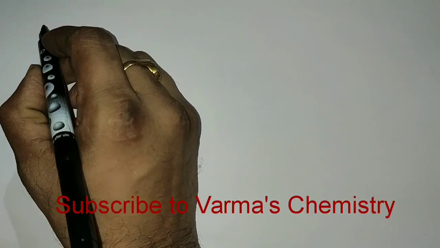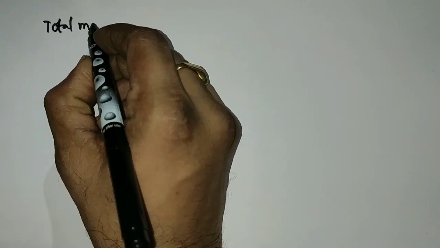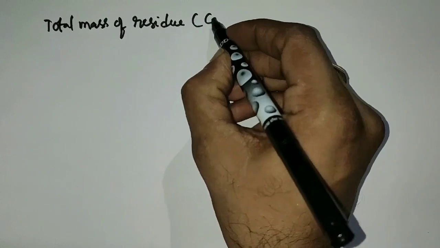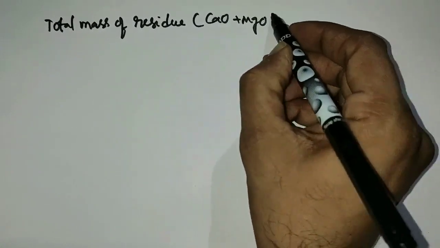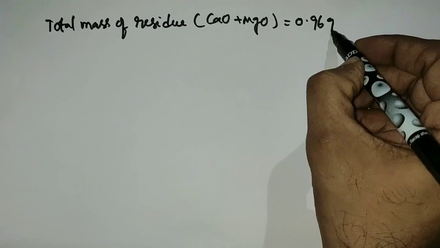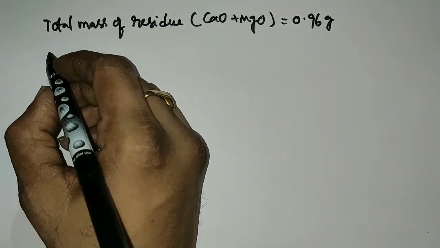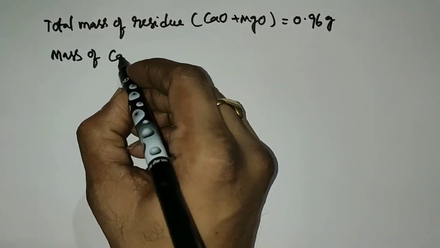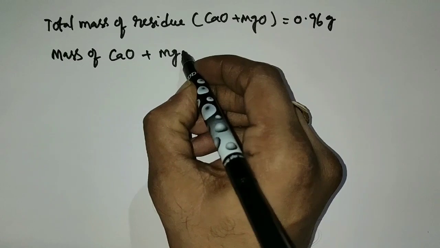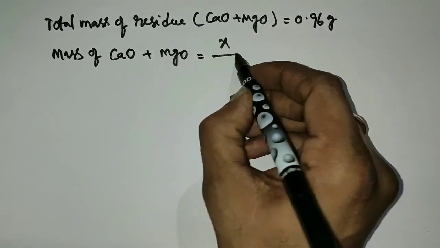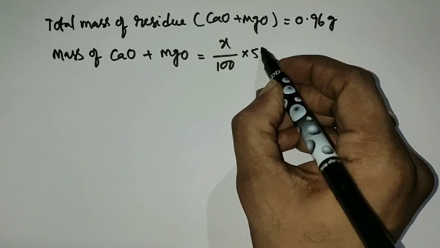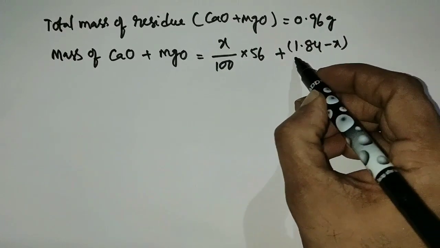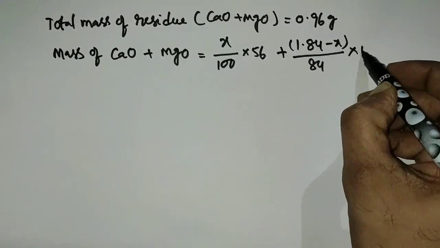As per the given data, total mass of residue mixture of calcium oxide and magnesium oxide is equal to 0.96 grams. But as per the analysis, mass of CaO and MgO will be equal to x by 100 into 56 plus 1.84 minus x by 84 into 40.